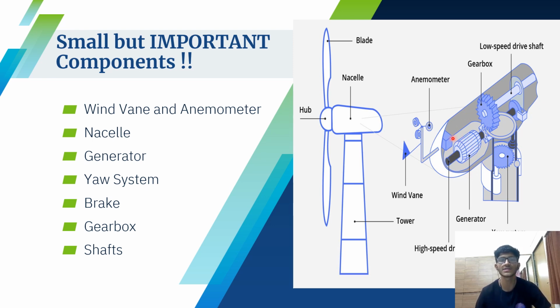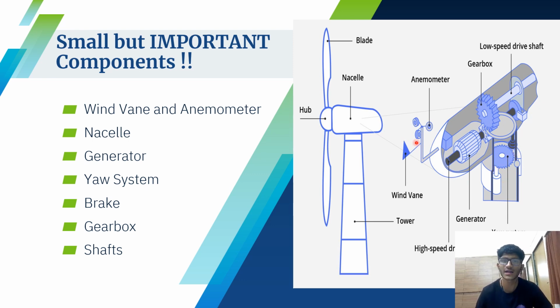Copper windings in this generator turn through a magnetic field to produce this electricity. Then we have a yaw system. It rotates the nacelle on upwind turbines to keep them facing the wind when wind direction changes. This is the yaw system.